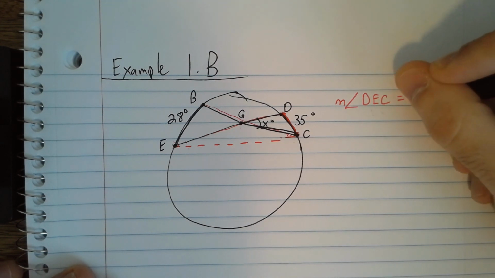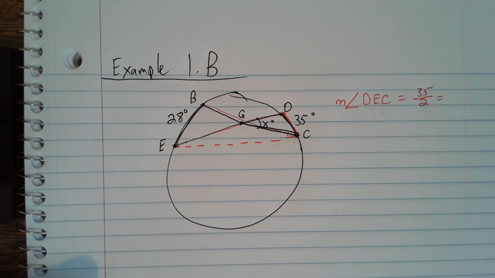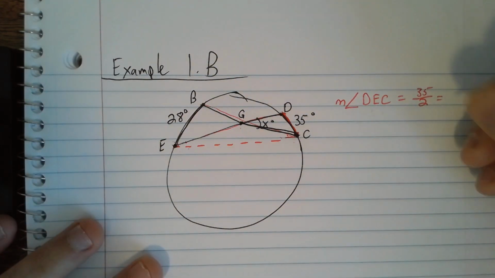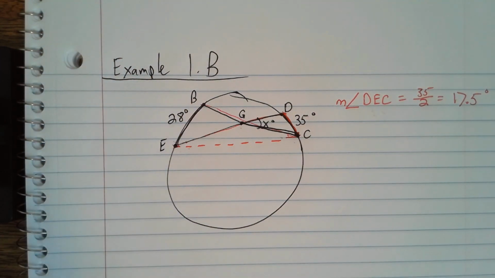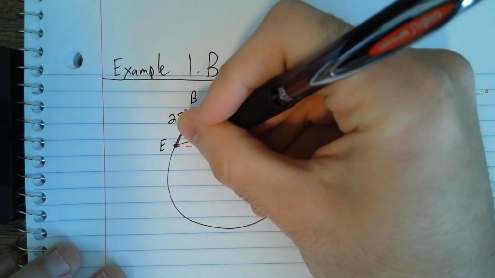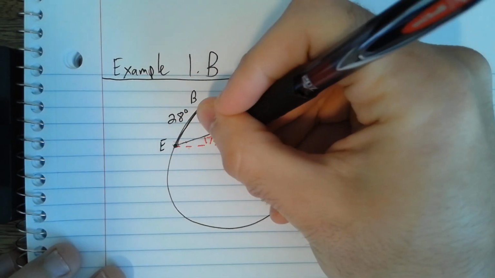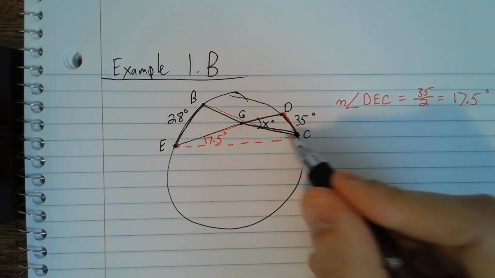So 35 divided by 2, and that is going to equal 17.5 degrees. So DEC is 17.5 degrees.